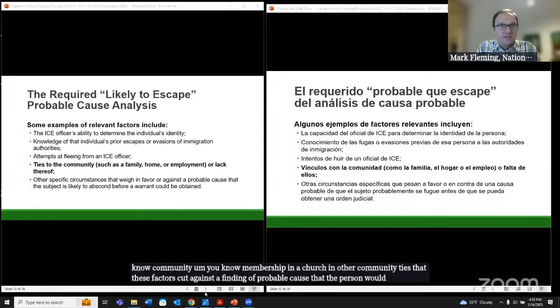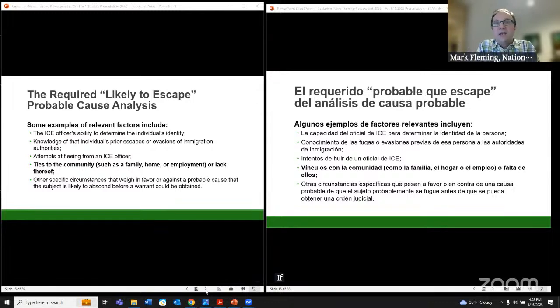Because the notion is if the person has long ties, for example, kids who are U.S. citizens, in a home that they lived in for the last 20 years, these are all instances in which ICE could go back, get a warrant, and come back out and make the arrest if they so choose.